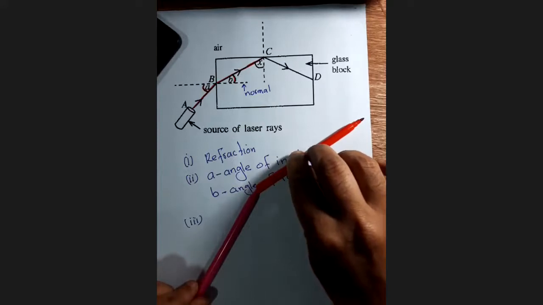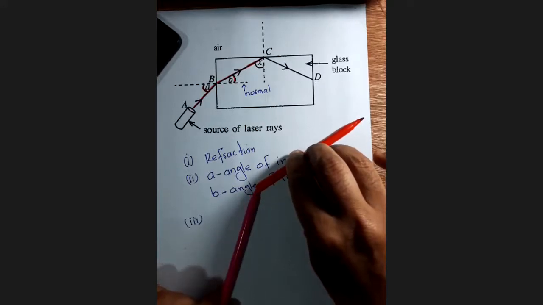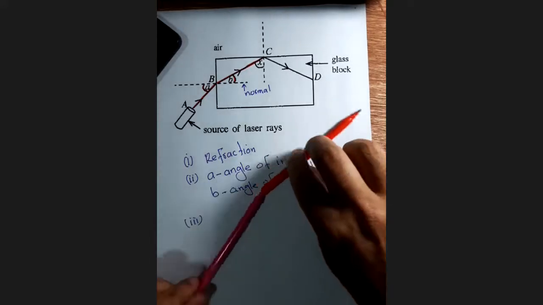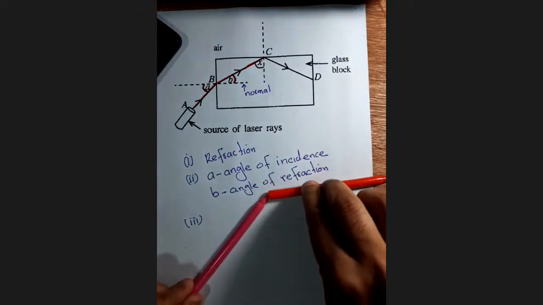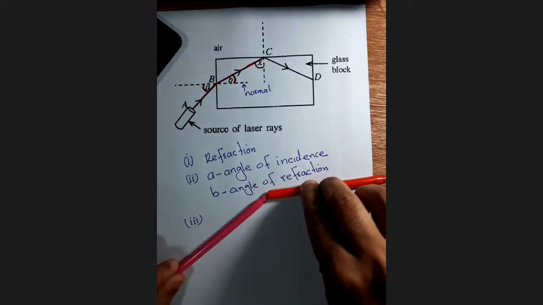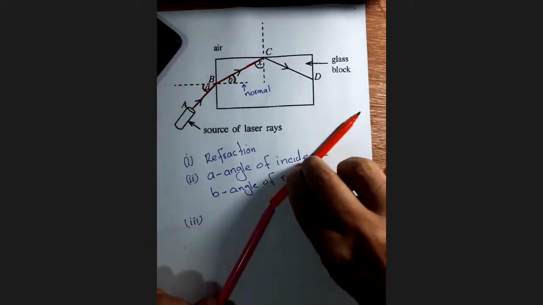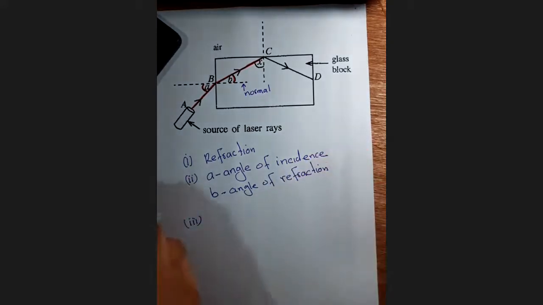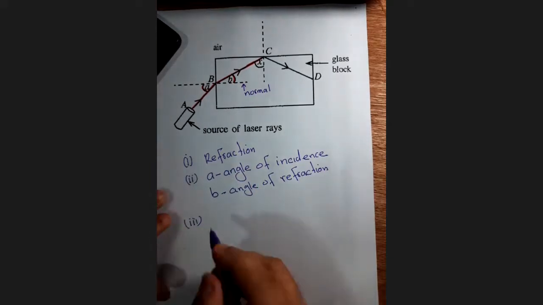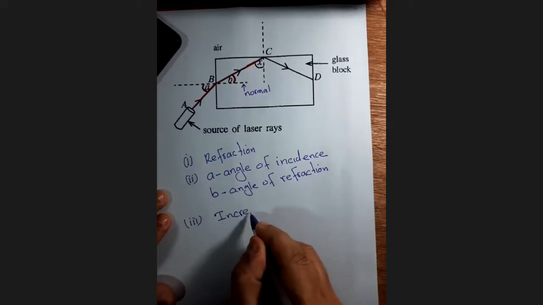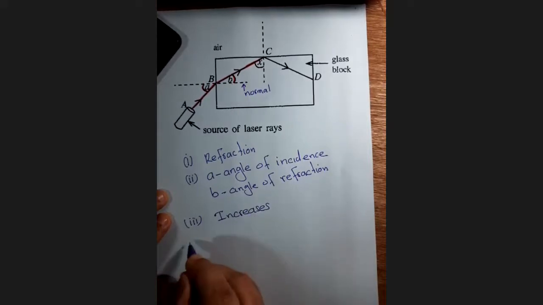You bring the ray this way, it goes this way. Understood? So when A increases, B also will increase in any refraction. If you write that it increases, that is very much sufficient as the answer.